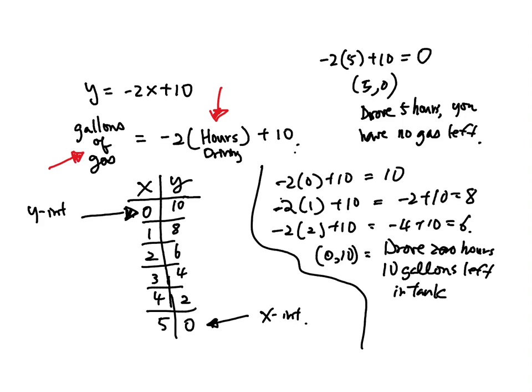When you're dealing with story problems, the x and y intercepts most of the time have some kind of special meaning or some kind of initial condition. So keep that in mind.